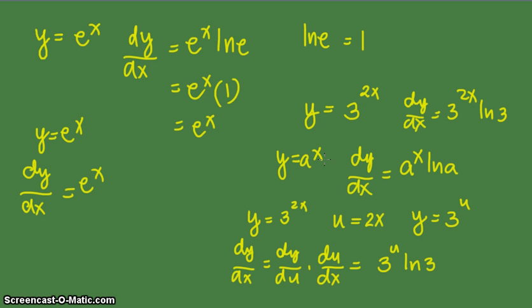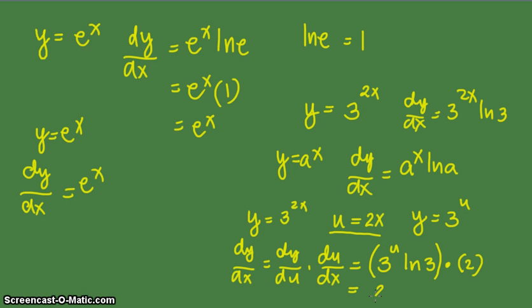Right? So a to the x ln of a, so 3 to the u ln of 3, then times the derivative of u with respect to x. The derivative of this is 2. Now take note, 3 is within ln, so you cannot make this ln 3 times 2. Instead, this whole thing is multiplied by 2.